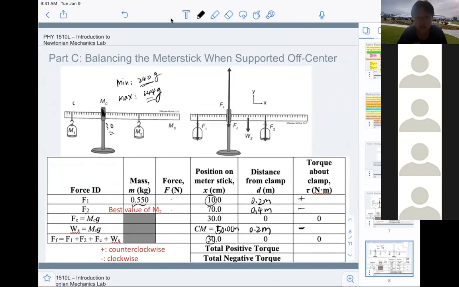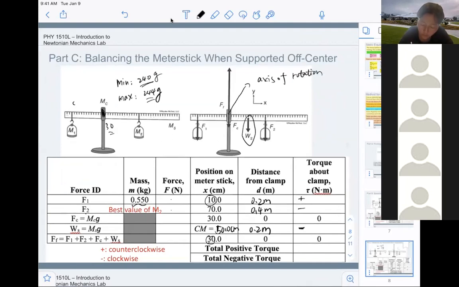So part C is exactly the same as part B. The one thing that has changed is the weight of the meter stick is no longer acting at the clamp. So this is your axis of rotation. You're rotating relative to that point.